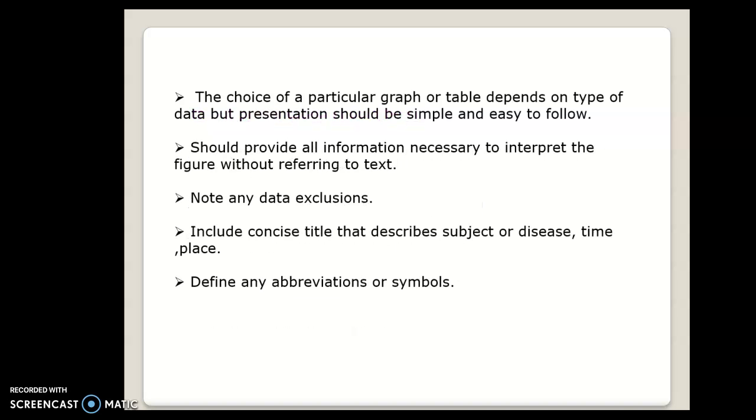The choice of graph or table depends on the type of data presented, should be simple and easy to follow, and should provide all information necessary to interpret the figure without referring to the text, and note any data exclusions. Include a concise title that describes the subject or disease, time, and place, and define any abbreviations and symbols.